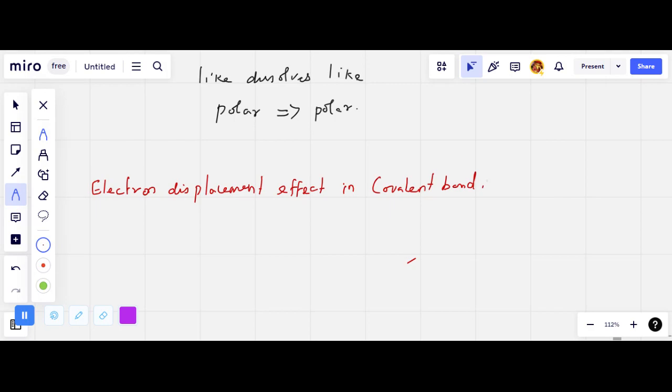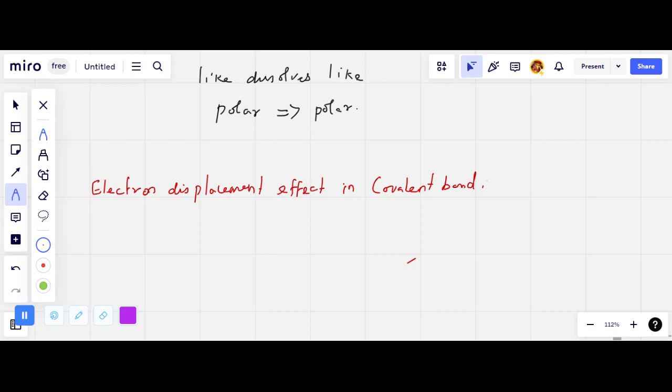It causes permanent polarization. Sometimes the electron movement causes permanent polarization, otherwise it may be temporary. So either it is a permanent displacement of electrons or a temporary displacement of electrons.